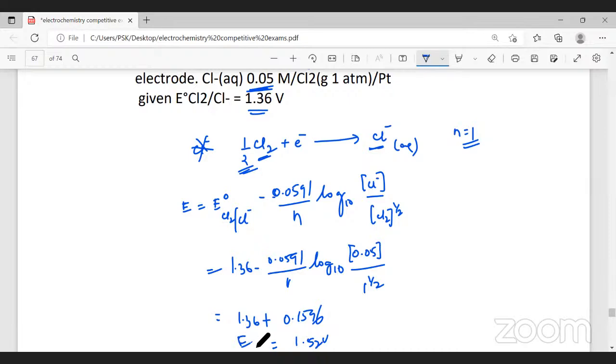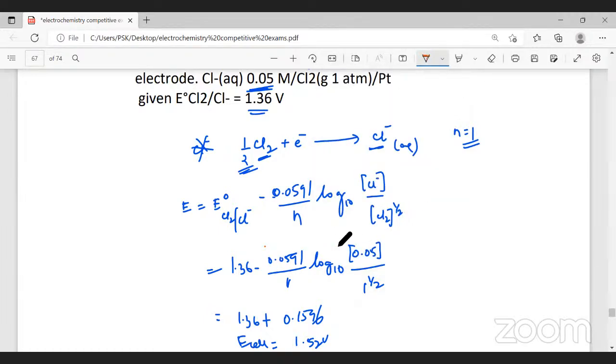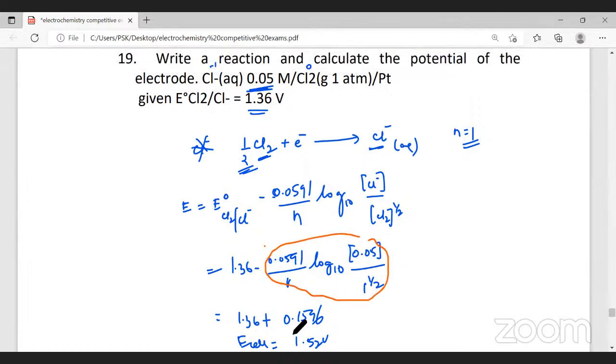This is the electrode potential or EMF of the cell. Now, I want you to do the mathematics part of it. If you calculate this value, you will get minus 1.1596. Minus into this minus becomes plus. That is what I've written, the plus sign here. So you can work it out and see the problem. Clear?